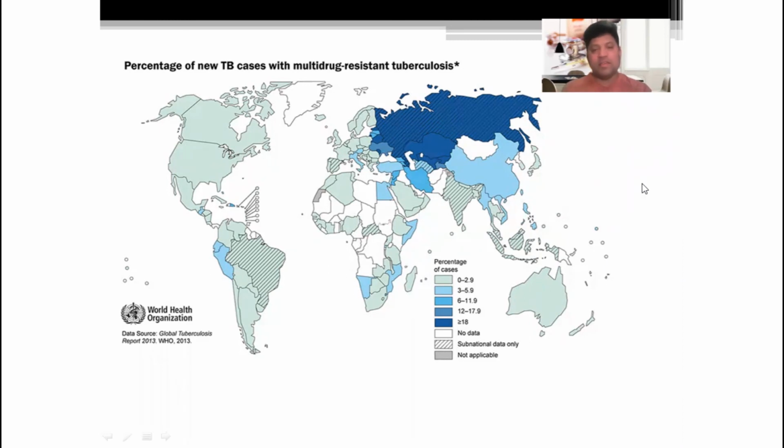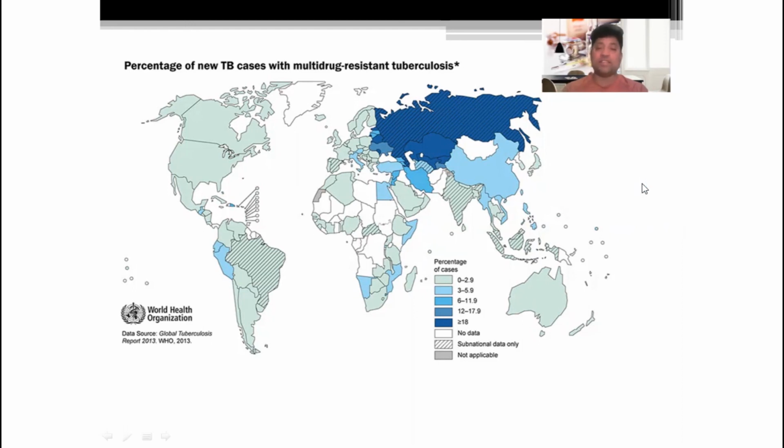The darker area in this diagram indicates a higher percentage of tuberculosis cases, a higher number of patients or higher population of multi-drug resistant tuberculosis. The lighter color area indicates a low percentage or low number of patients of multi-drug resistant tuberculosis.